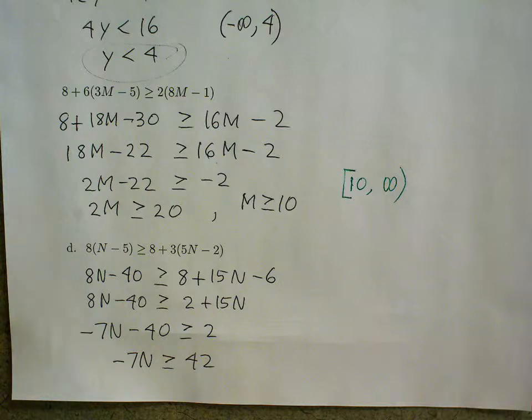Divide both sides by negative 7. And since we're dividing both sides by negative 7, switch the inequality to less than or equal.